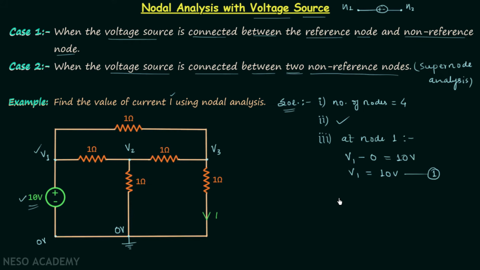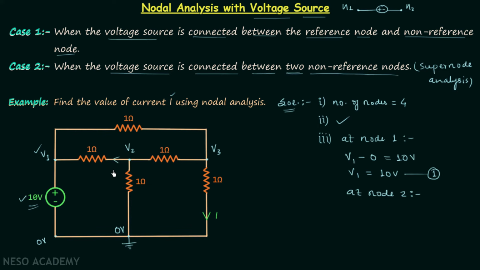And now we will focus on node number 2. And for node number 2, there is no voltage source connected between the second node and any other node. Therefore, we are required to develop the KCL equation at this node.